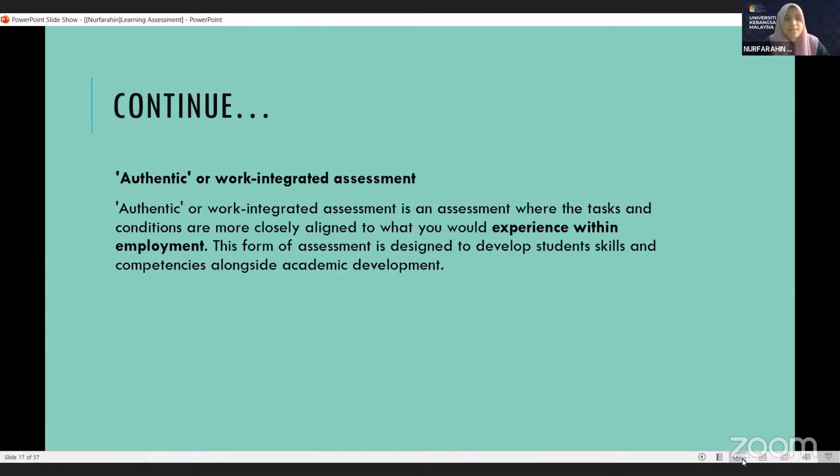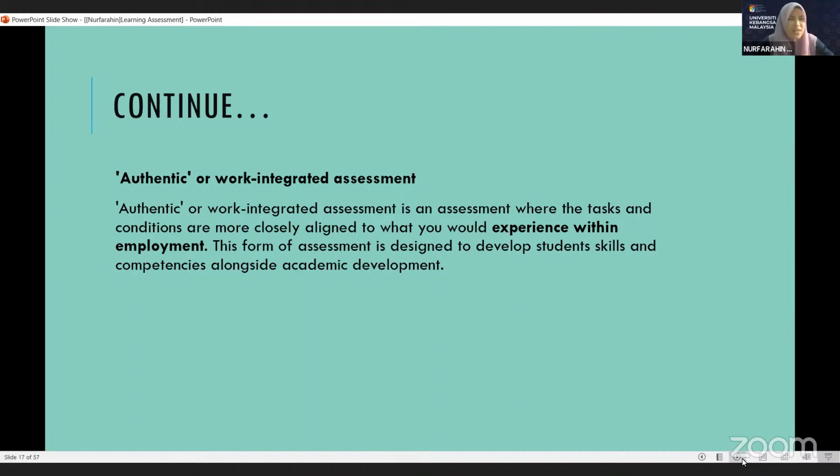Now, next slide. So the next slide is authentic or work integrated assessment. This is an assessment where the tasks and conditions are more closely aligned to what you would experience within employment. So the assessment assesses skills or knowledge that are pertinent to you, to prepare you for your workplace, to prepare you for your workforce.